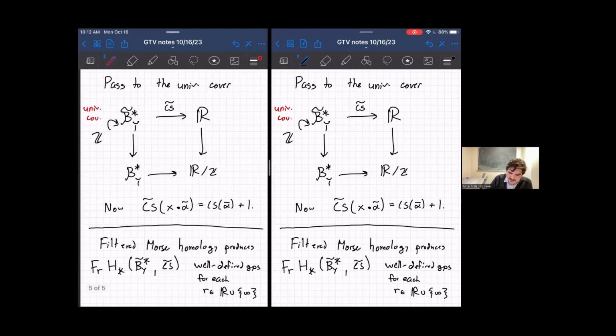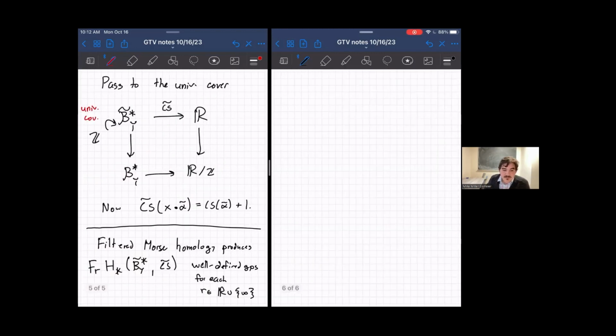And skipping some technical detail about Chern-Simons values, this gives well-defined groups for every value R from R to infinity, when Y is an integer homology sphere. These fit together in a compatible way.